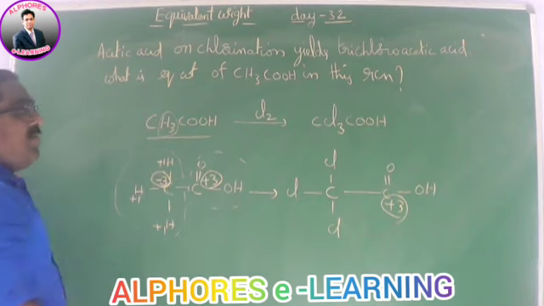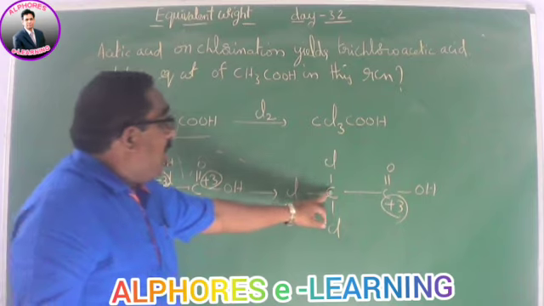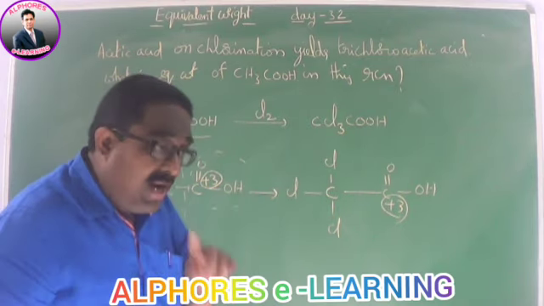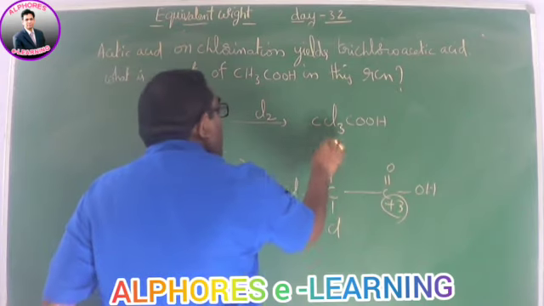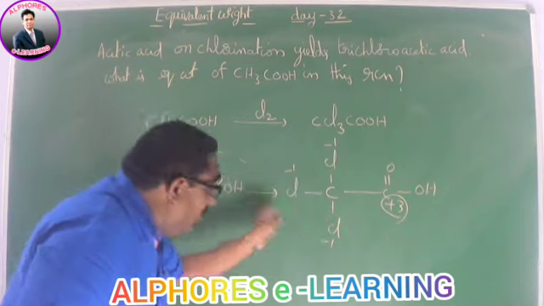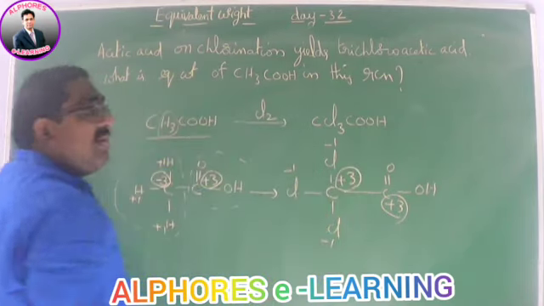Compared with carbon and hydrogen, hydrogen is less electronegative, carbon is more electronegative. Here, compared with carbon and chlorine, chlorine is more electronegative. So for each bond you should give minus 1, minus 1, minus 1. Net should be equal to 0. So you should assign plus 3 for this carbon.